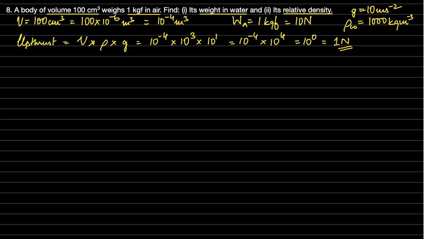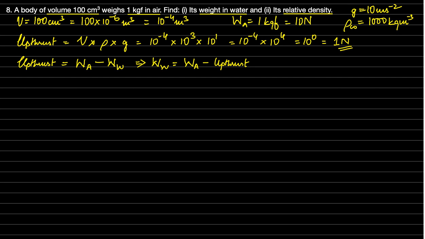Now we need to find the weight in water. For finding the weight in water, we know another formula for upthrust from the previous exercise. Upthrust is equal to weight in air minus weight in liquid, or we can write weight in water. So weight in water is equal to weight in air minus upthrust.